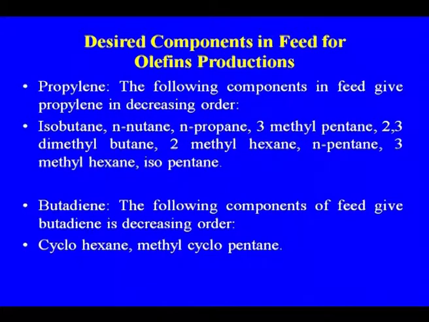Similarly, for butadiene, the following components of the feed give butadiene in decreasing order. Especially in the naphtha cracker plant, we get a very valuable byproduct, butadiene. Although there are other routes for making butadiene, in naphtha cracker olefin plants we generate a large amount of butadiene.